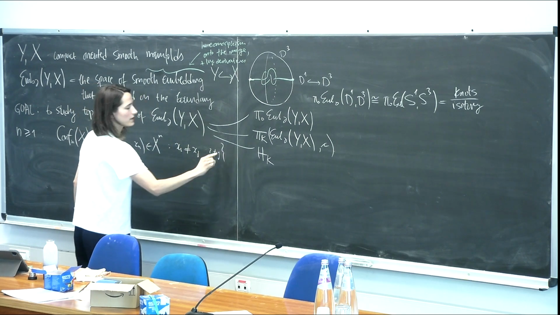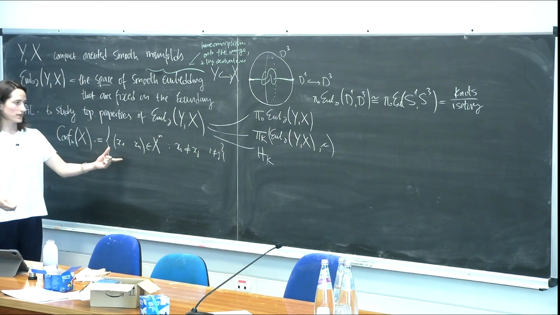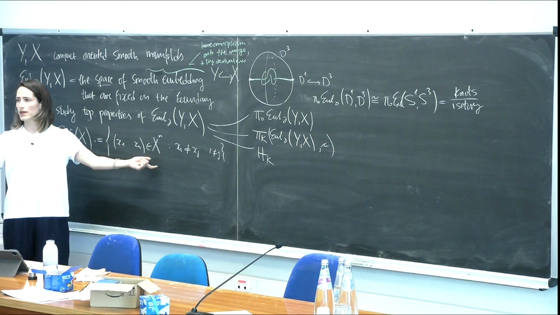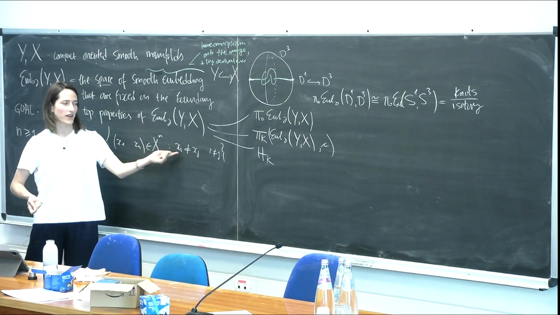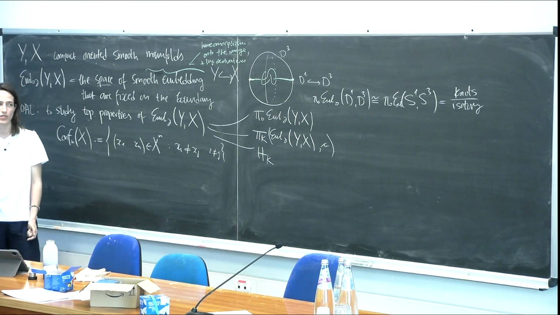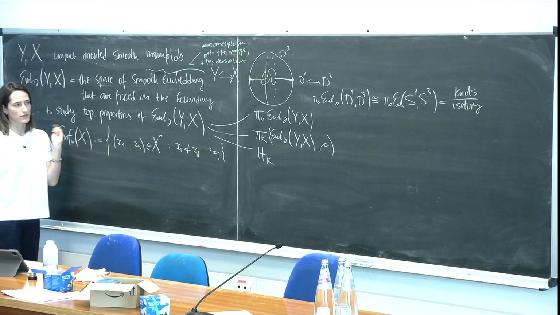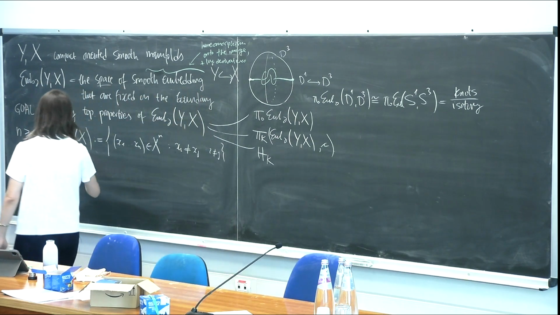So when i is different than j, then xi should be different than xj. And you can think of this as really a subspace of the n-fold product of X, when you get rid of all the diagonals, so all the subspaces where xi is equal to xj for some i and j. So it's really an actual natural submanifold of the product, although it's not compact. This is called the nth configuration space of X.